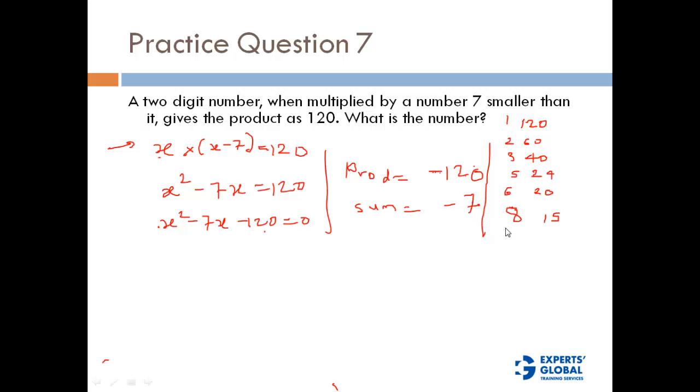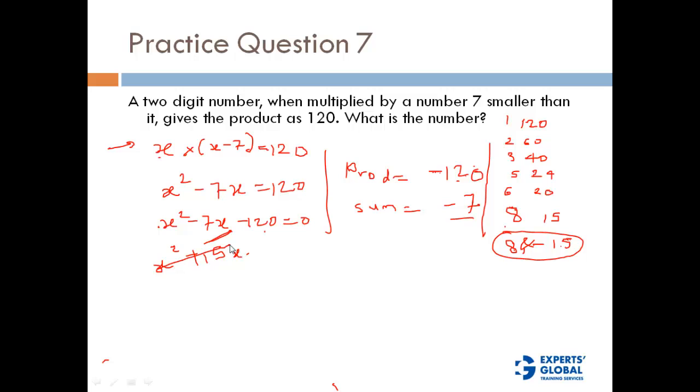So if we write these, instead of 8 and 15, as 8 and minus 15, let's say, what will be the product of 8 and minus 15? We'll get a product of minus 120. What will be the sum of 8 and minus 15? The sum of 8 and minus 15 will be minus 7. So 8 and minus 15 is how we have to split this term. Correct. So what we get is x square plus 15x.